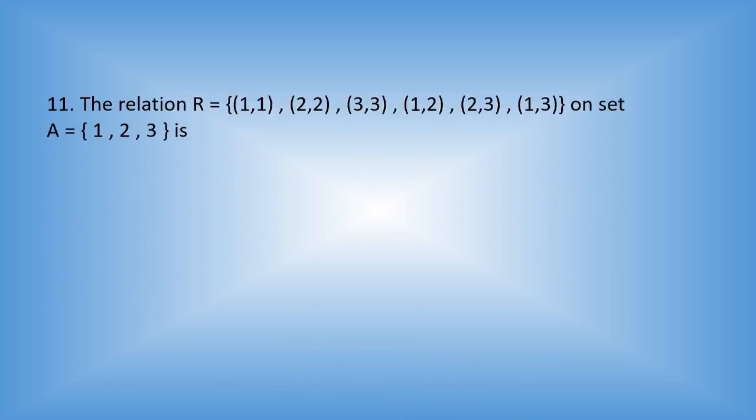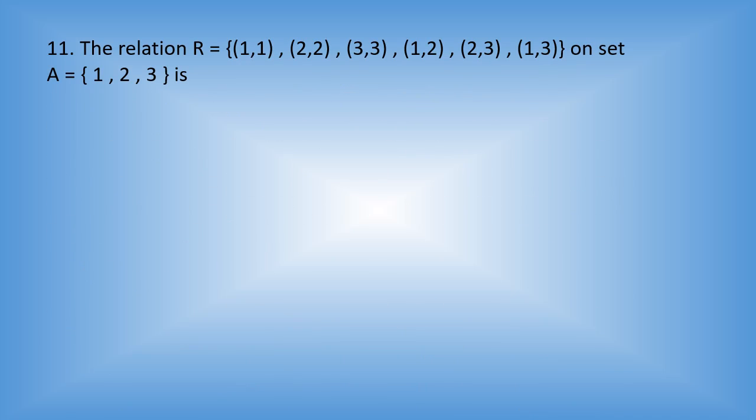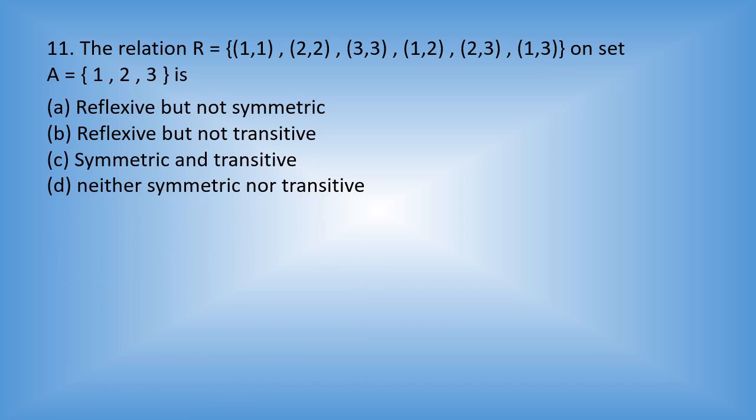The next question: the relation R having these elements on a set A having the elements 1, 2, 3. We have to check which one of these options is correct. So here is the relation R having these elements.